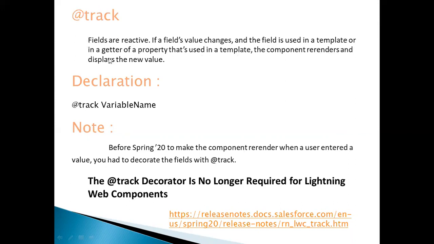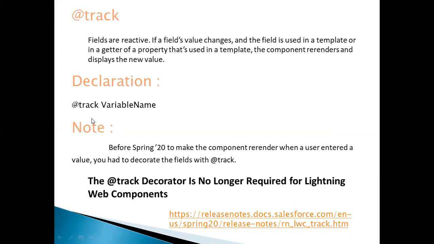This is also like an API decorator, but there are a lot of differences between them, and we will discuss that. So if you define anything with the track property, whenever the value changes, wherever you are using that variable inside a template or inside a getter method, all of it will change. Okay, so to declare a track variable, we can write @track and the variable name.